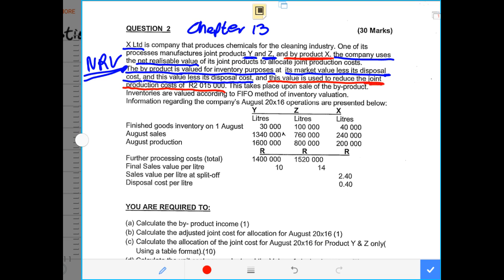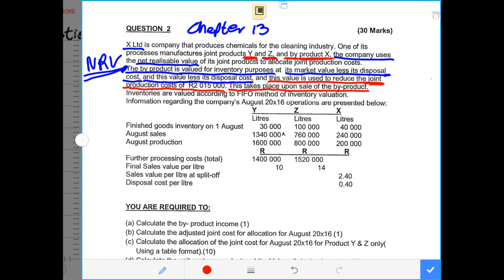Meaning when we sell the byproduct, we receive the revenue. That revenue must be used to reduce the joint cost before the joint costs are allocated to product Y and product Z. We first have to reduce them by the sales of the byproduct. They further say that this takes place upon sale of the byproduct.